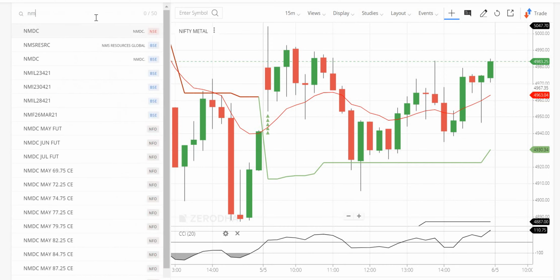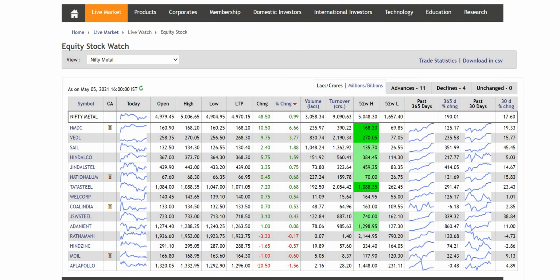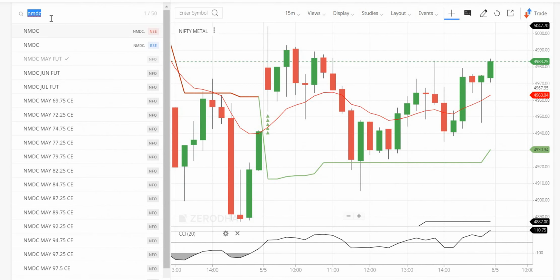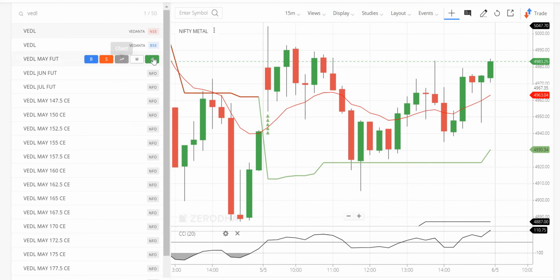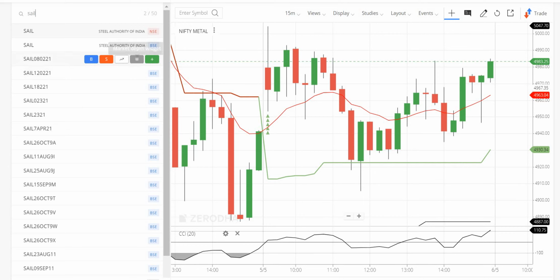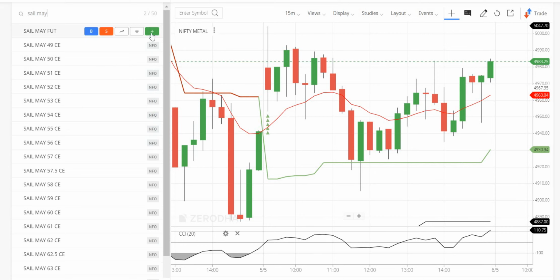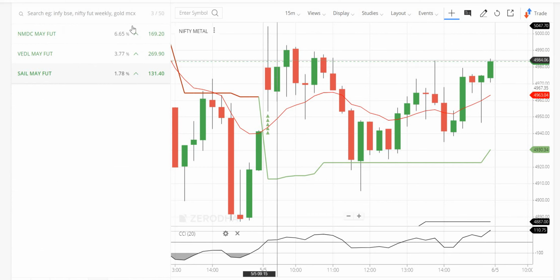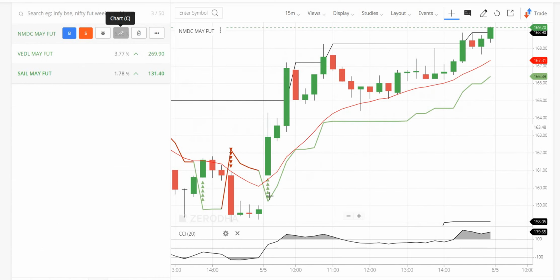So let's say it was NMDC, and I'll take the futures because I trade futures. Vedanta and SAIL. Okay, so I just took the first three because I want to go long. That's what my sector tells me. Right now, let me launch this.